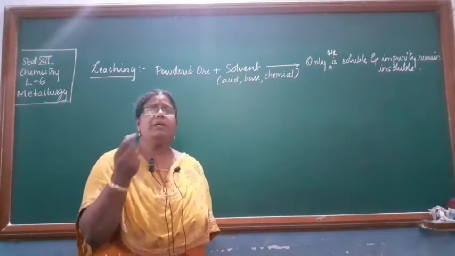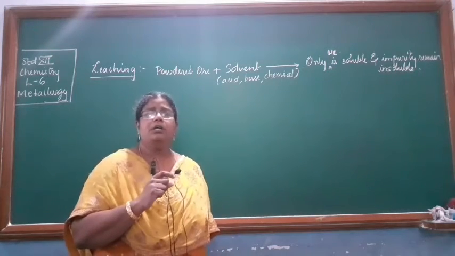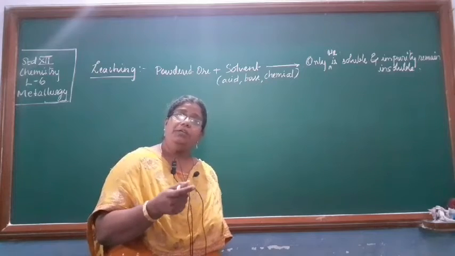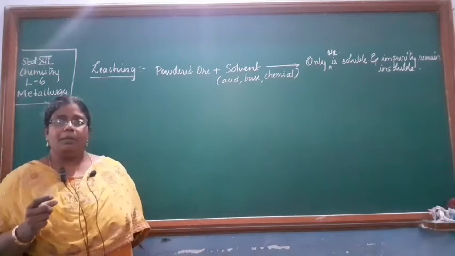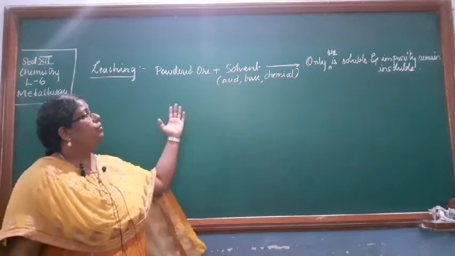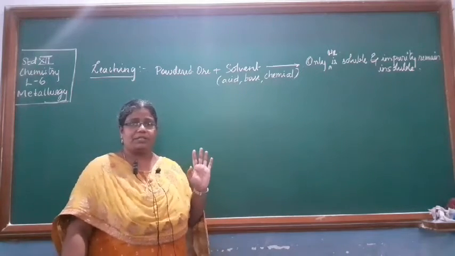Or maybe some impurity, even if it is in the soluble form, can then be removed by some other methods. ठीक है, तो let us take one example and try to understand.